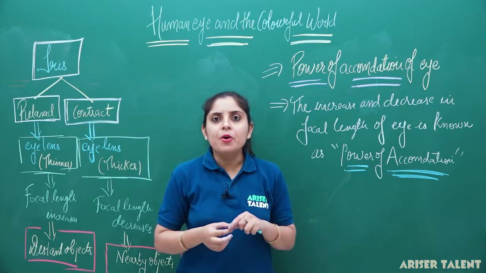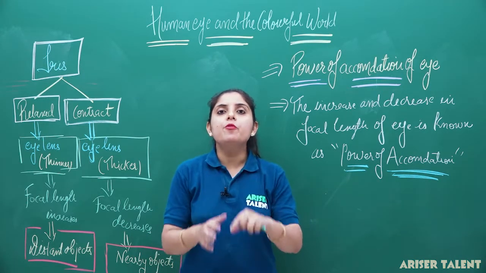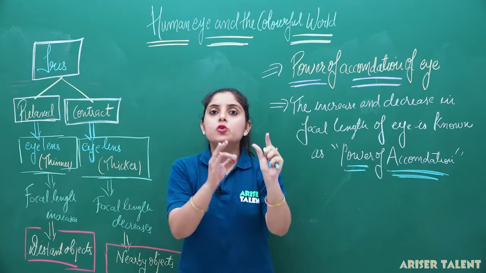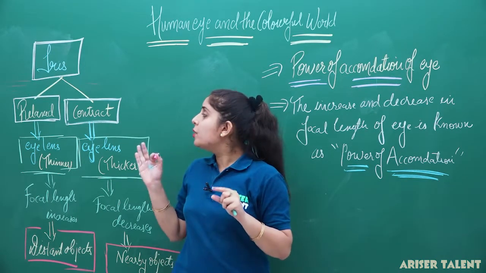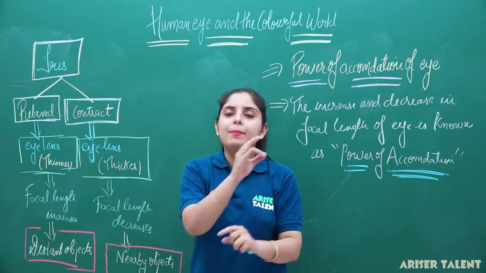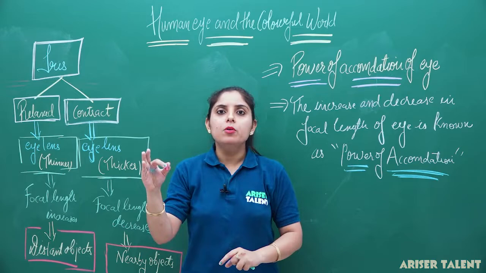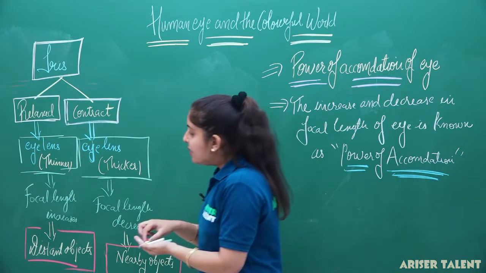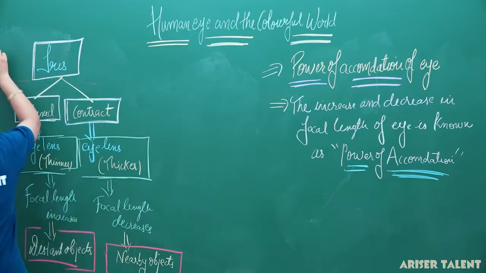And what will be the far point of the eye? The far point for the eye will be infinity. At infinity, you can see very clearly. So the capability of the human eye to see an object always lies between 25 centimeter and infinity. These are the two points you have. So firstly, just learn this mind map. This is very important.